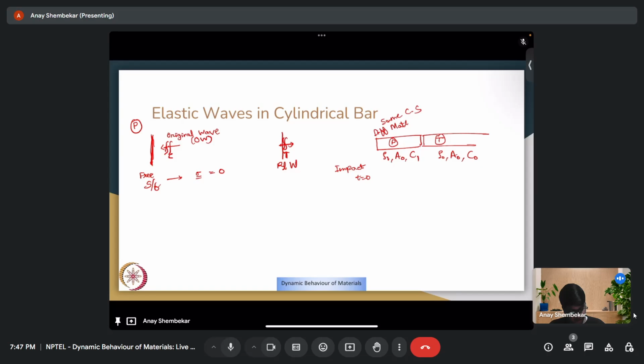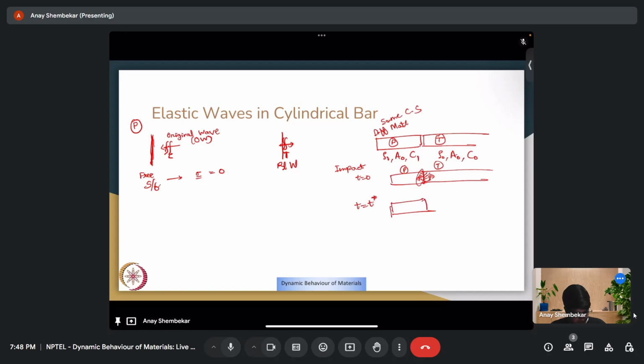At impact at T equal to 0, again a compressive wave will be seen in the projectile and the target. Both of them will travel. Then at some T equal to T star, this compressive wave will hit the projectile free surface.